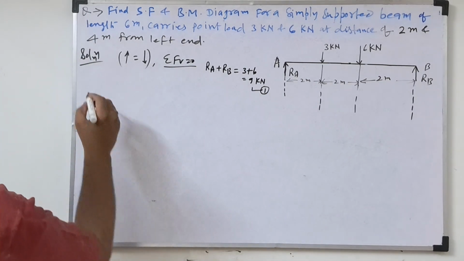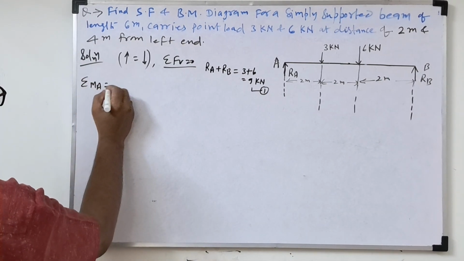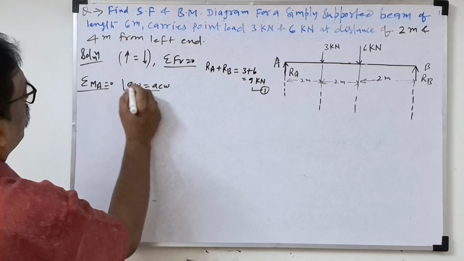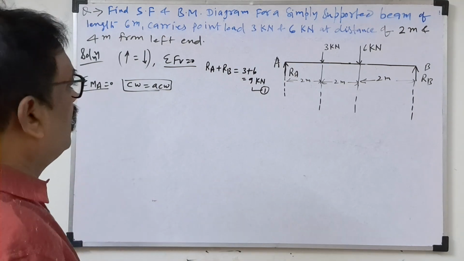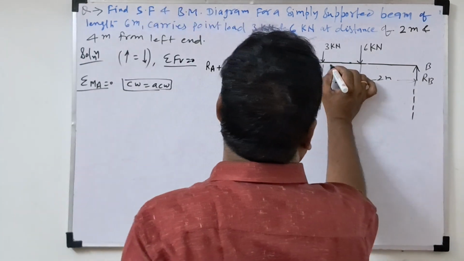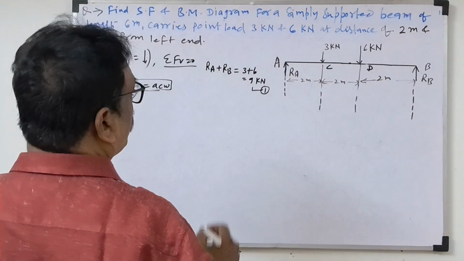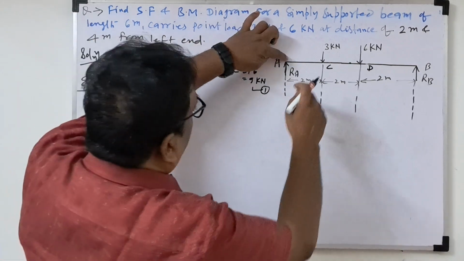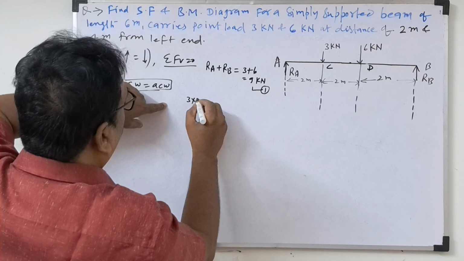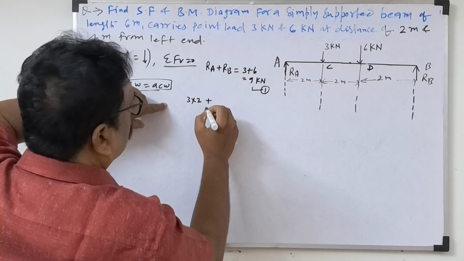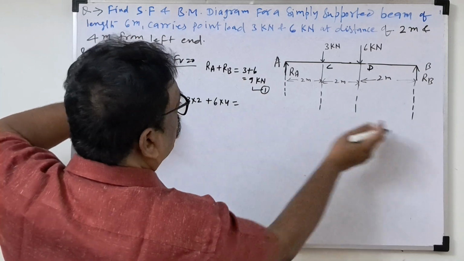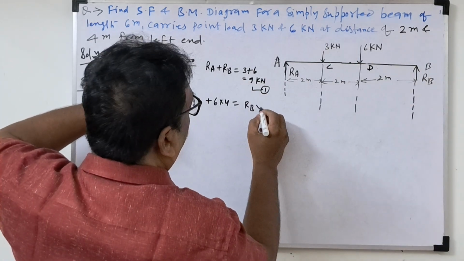Next, moment about A will be 0. That means total clockwise moment is equal to total anti-clockwise moment. So we'll take moment about A. Name the points: this is point C, this is point D. This point A is fixed. What is the moment? 3 into 2 plus 6 into 4 is equal to RB into 6.